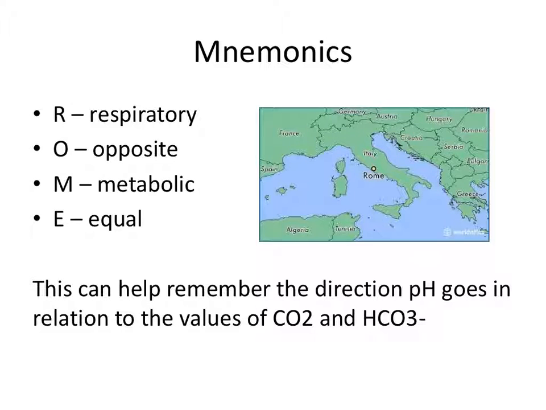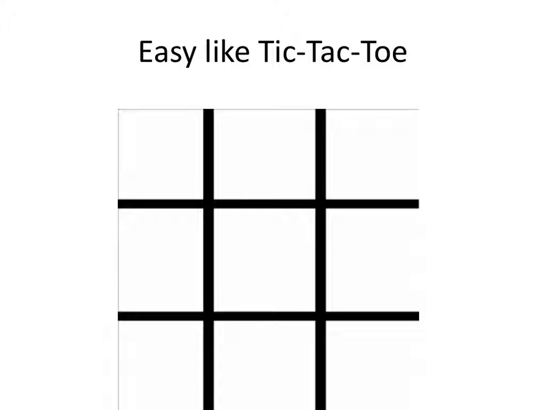So it's opposite for the respiratory. Metabolic, it goes in the same direction. So if the value of the HCO3 is going down, then it's getting more acidic as the pH number gets smaller. So it goes in the same direction. So ROME, just remember respiratory opposite, metabolic equal, and then you'll be able to apply those values.